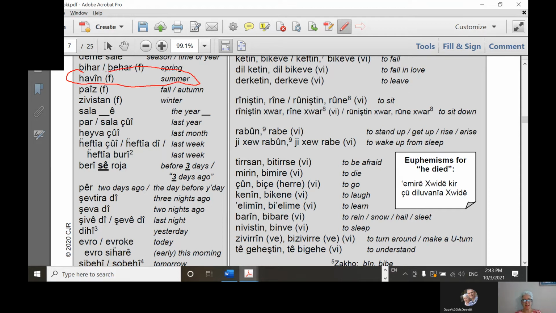How do we say last summer? Well, here's how we say last month, Hey Chui. And last year, Sala Chui. And last week, Haftiya Chui. That would be an indicator of how to say last summer.